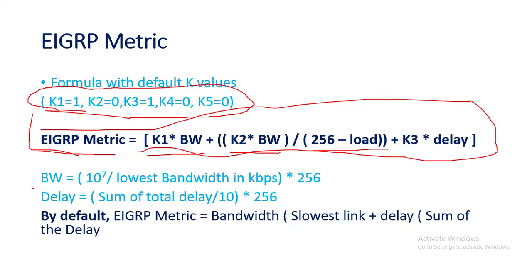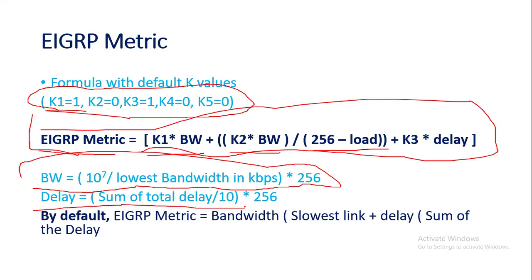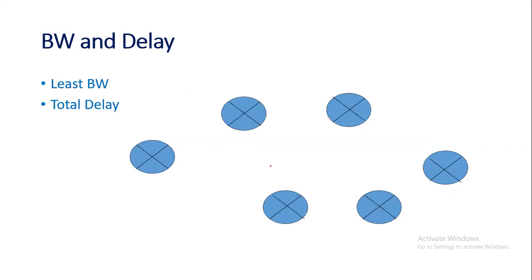One more formula: bandwidth is 10 raised to 7 divided by the lowest bandwidth in kbps, times 256. And the delay is the sum of the total delay divided by 10, times 256. Let's take one example.